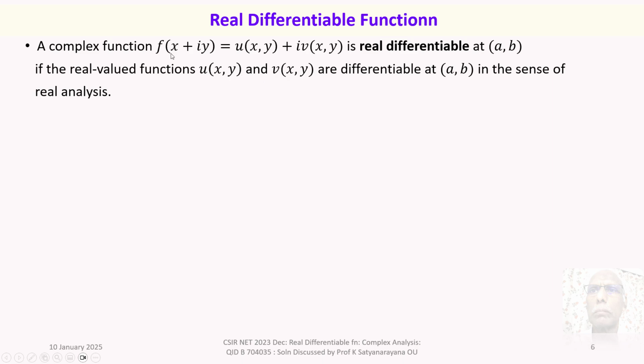So, a complex function is said to be real differentiable at the point a comma b if its real and imaginary parts, which are real valued functions of two variables, are differentiable at that point a b as functions of two variables.